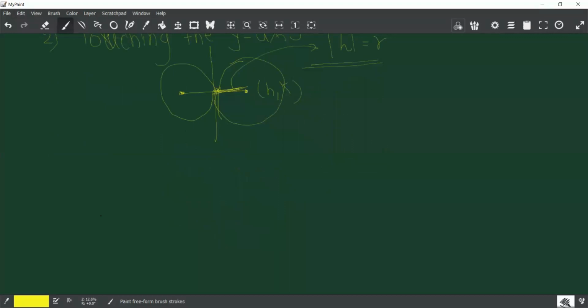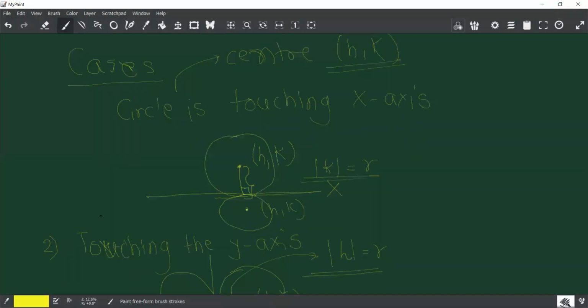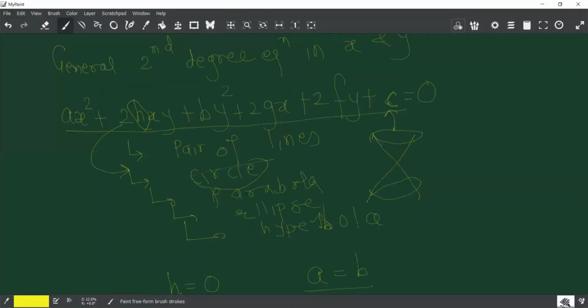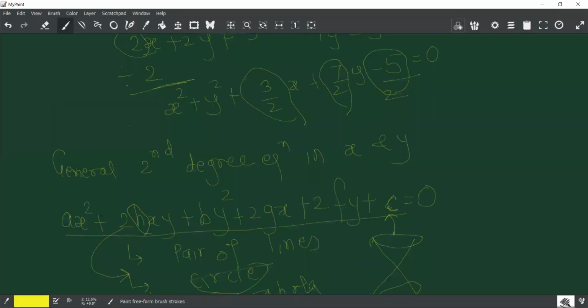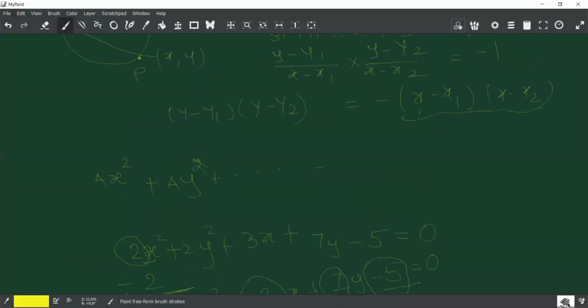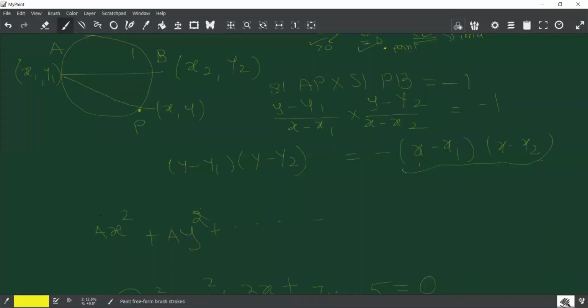Diametric form again. Yes, I can. One minute, let me go back. Look at this. You know, a diameter subtends a right angle at the circumference, correct? At any point on the circumference. So the product of the slopes is -1.